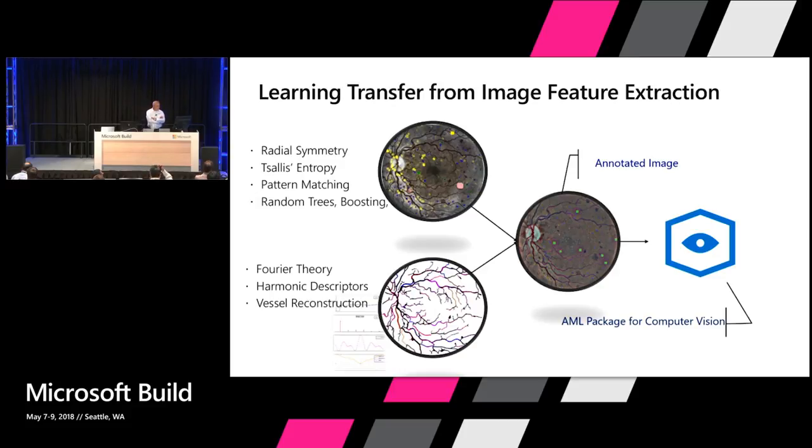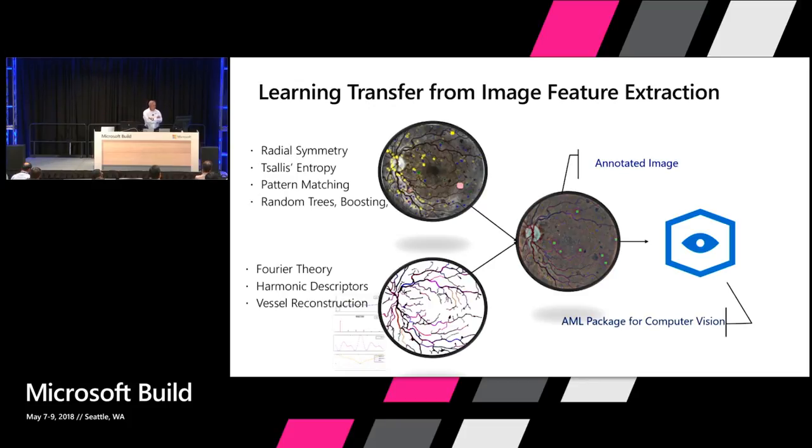And there is some hard math theory, like blood vessel reconstruction with Fourier theory and harmonic descriptors. All that is packed into one image that I call an annotated image, where the regions having the highest probability of having a lesion are highlighted onto the normalized image.